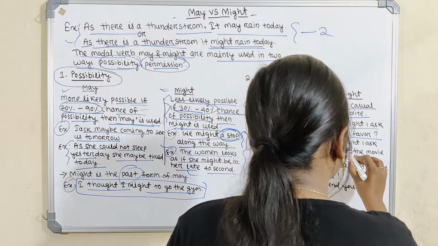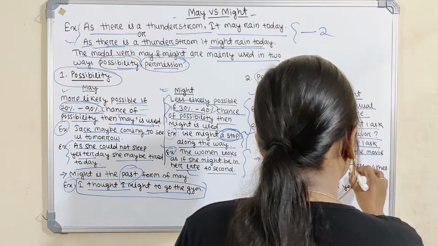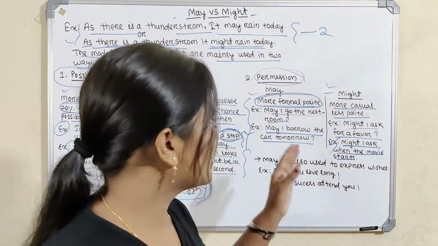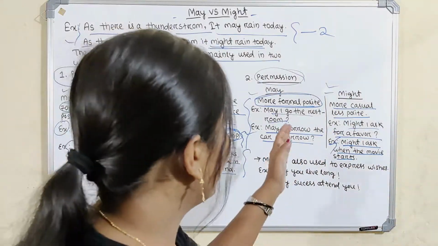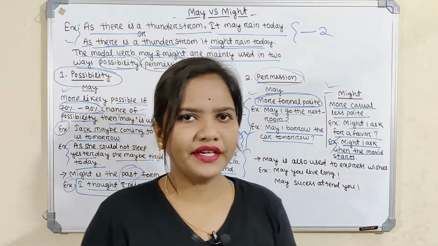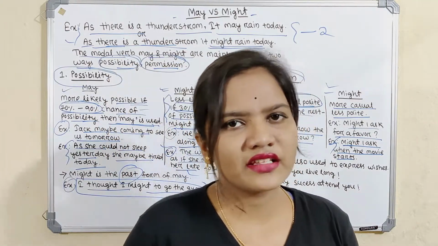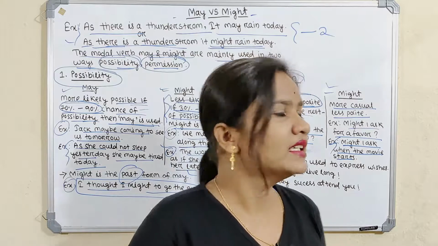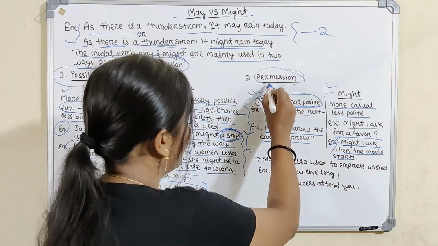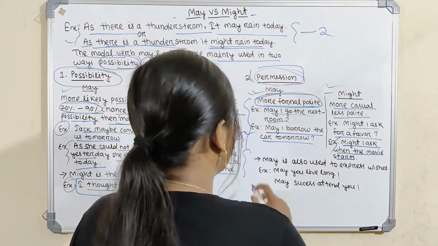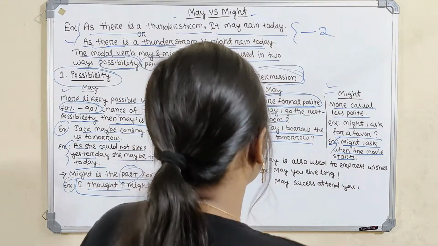Or might I ask when the movie starts? It is not formal, not anything important. So in casual and less polite cases we use might, and in more polite and more formal cases we use may.